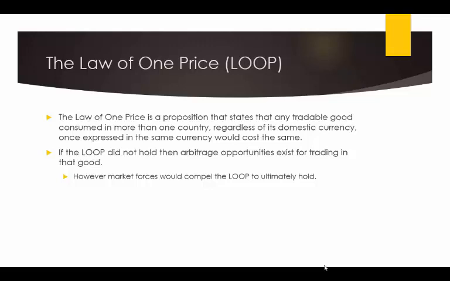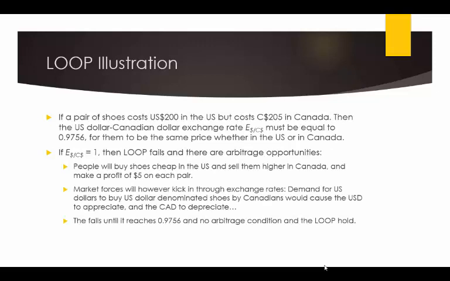The LOOP proposes that a tradable good consumed in any number of countries and priced at some amount in their domestic currency should all have the same price when expressed in the same currency. For example, suppose it's possible to purchase a pair of shoes for $200 in the United States, and the same pair of shoes costs 205 Canadian dollars in Canada.